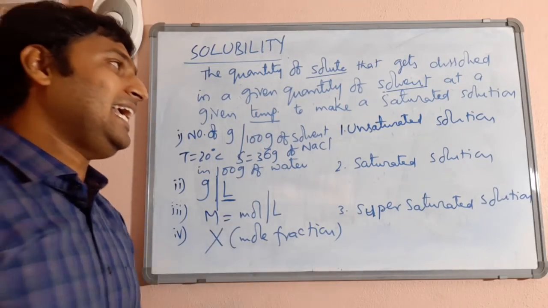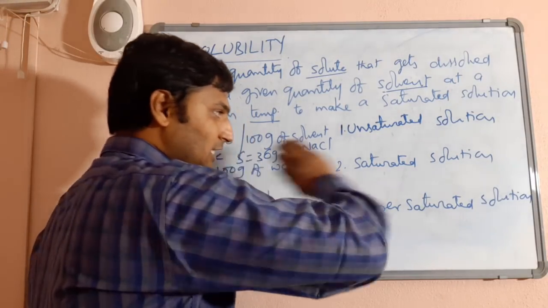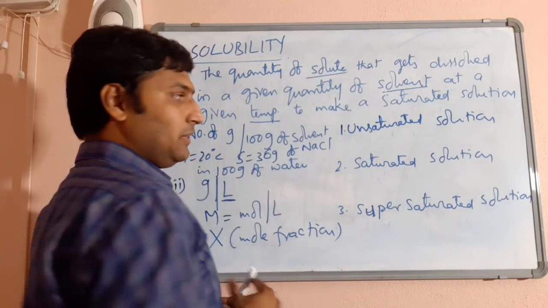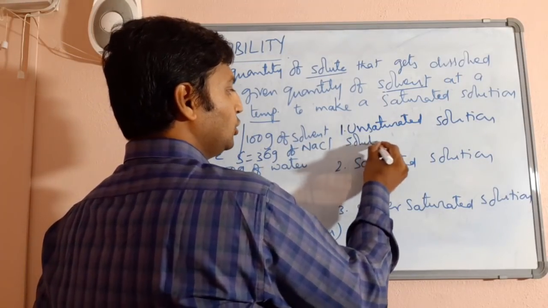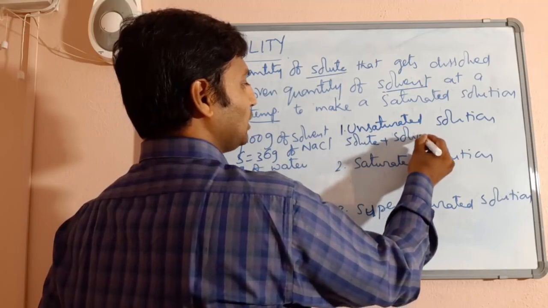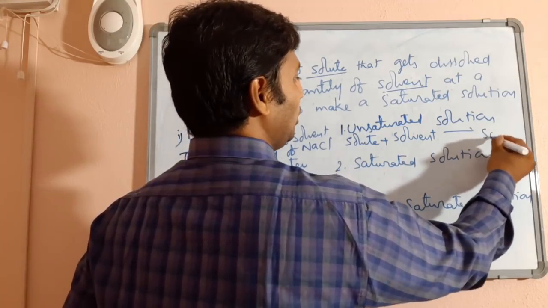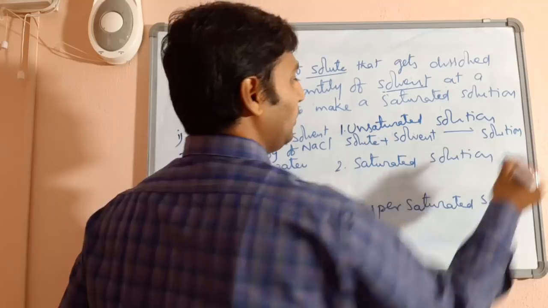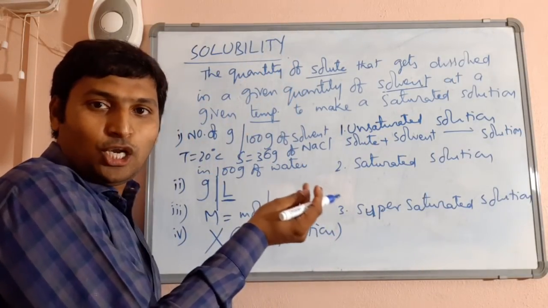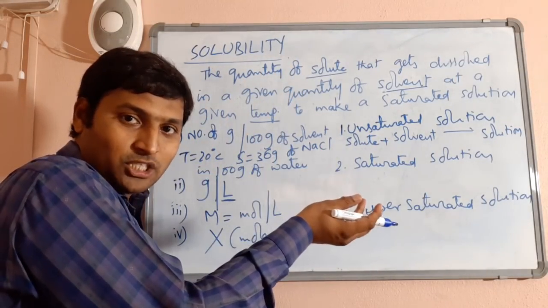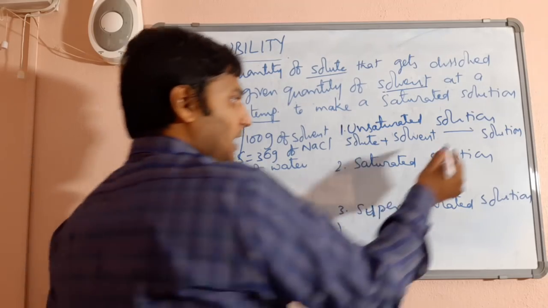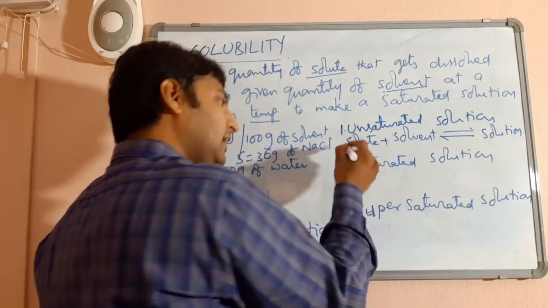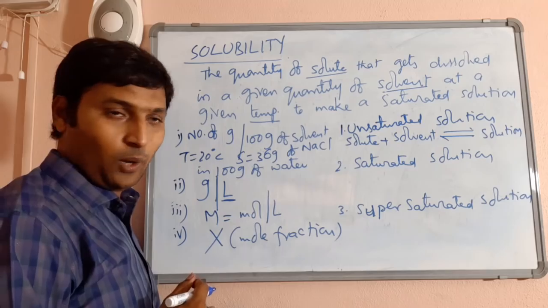See here, the dissolution process can be expressed like this. Solute plus solvent giving rise to solution. Now, some of the solute from solution may come back and precipitate, and it might divide into solute and solvent.